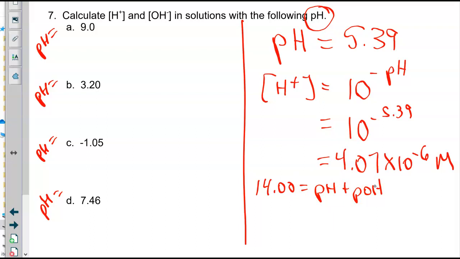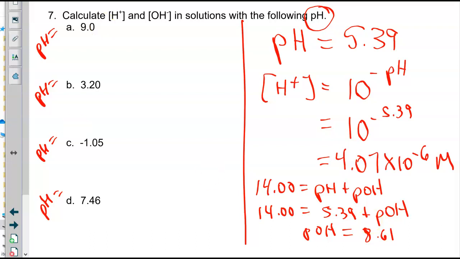We knew the pH in my example, so 14.00 minus 5.39 equals pOH. So this is one method. There's going to be 2 ways you can do this, and you don't have to do both. You just have to do one or the other. So then pOH, what did I do? I took 14 minus 5.39, and I got 8.61.